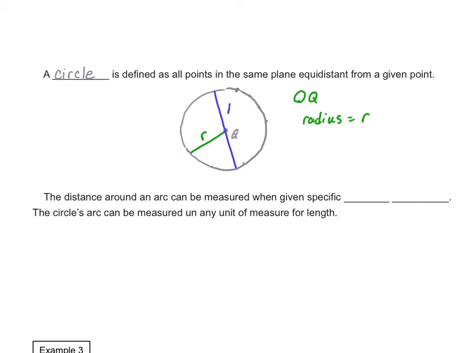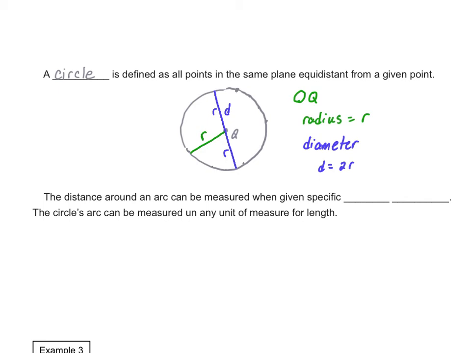So that would be considered my diameter. And I will tell you that D is equal to 2R, because 2 radii equal the entire length of D. So just some characteristics of a circle.